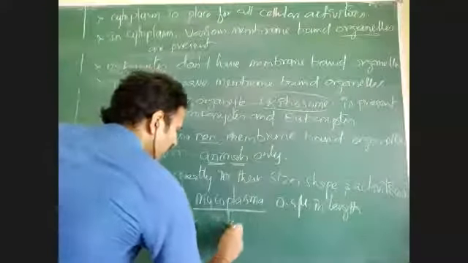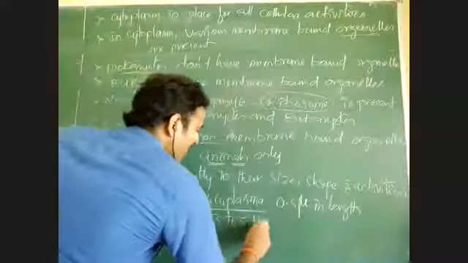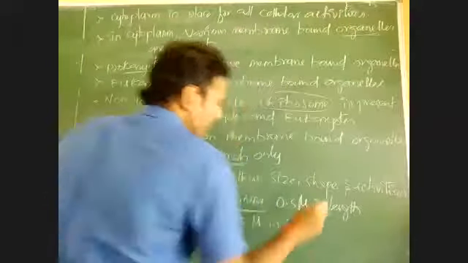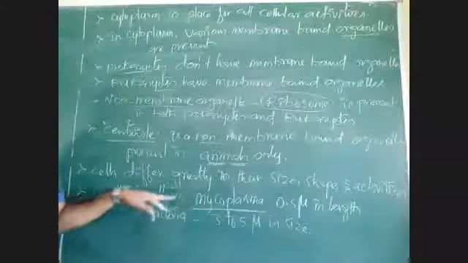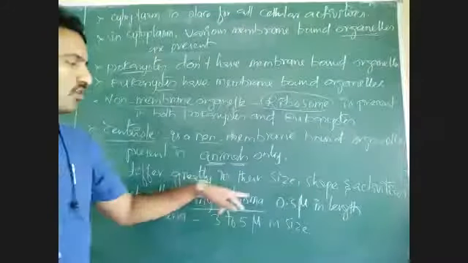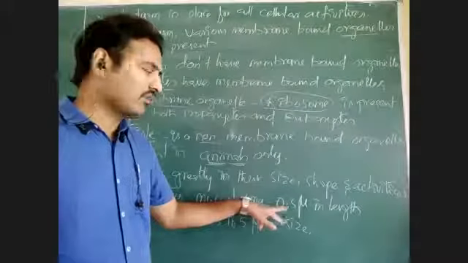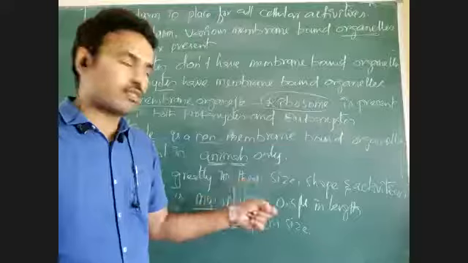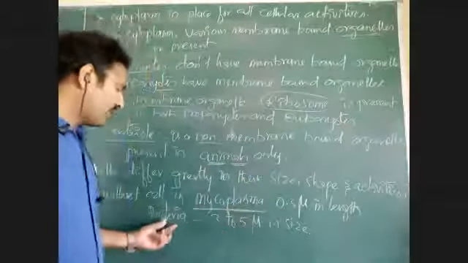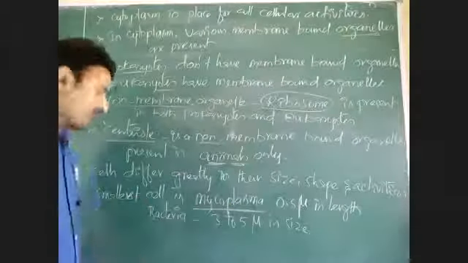They have 3 to 5 microns in size. The smallest cell is mycoplasma, which has 0.3 microns in size. That is the smallest cell. But some other bacteria have 3 to 5 microns in size.